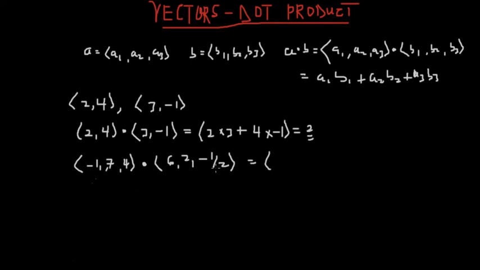We have minus 1 times 6, plus 7 times 2, plus 4 times minus 1 and 2. When you sum all of this up, you will end up with 6.